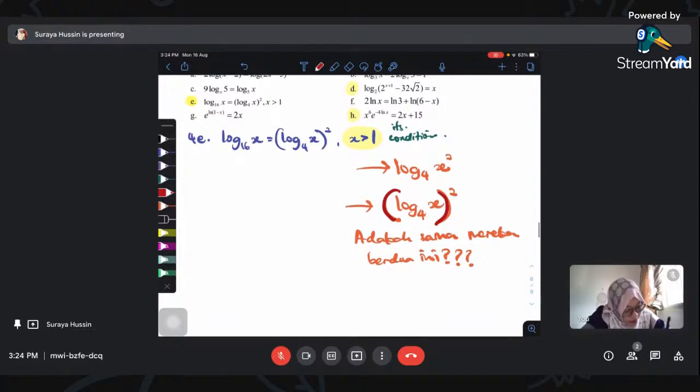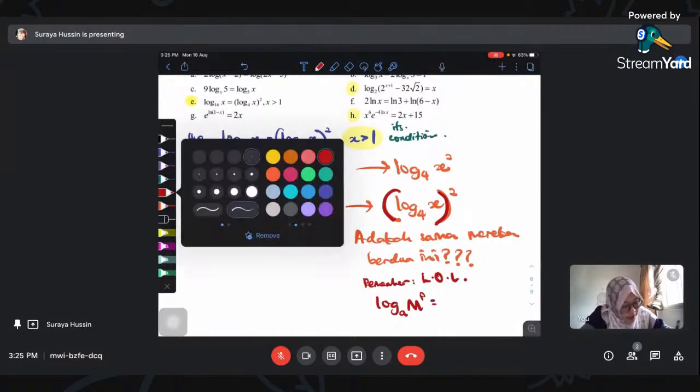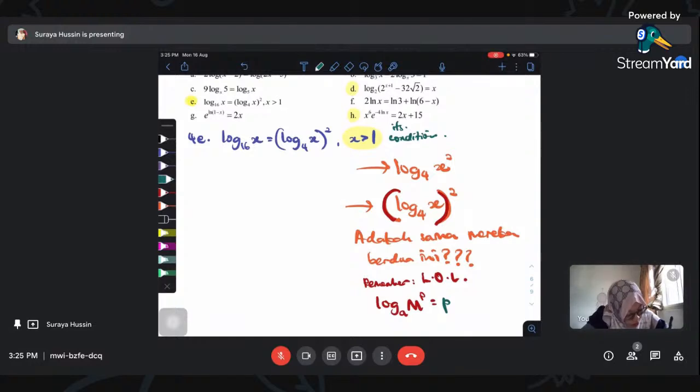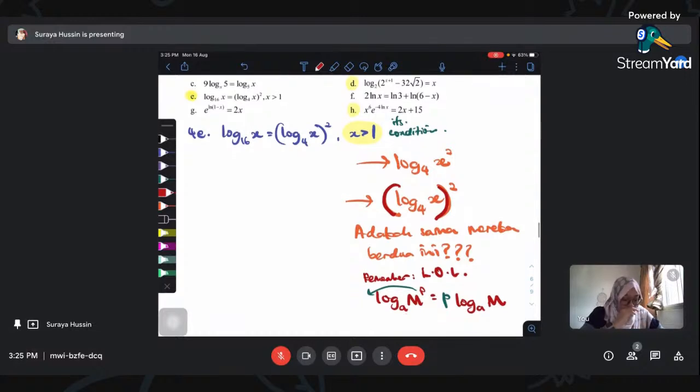Okay. Do you remember dalam formula log, log base A m to the power of p. Formula ni p bawa turun kan. The log salin balik, the rest of it saya salin balik. Tapi formula ni ada bracket tak?